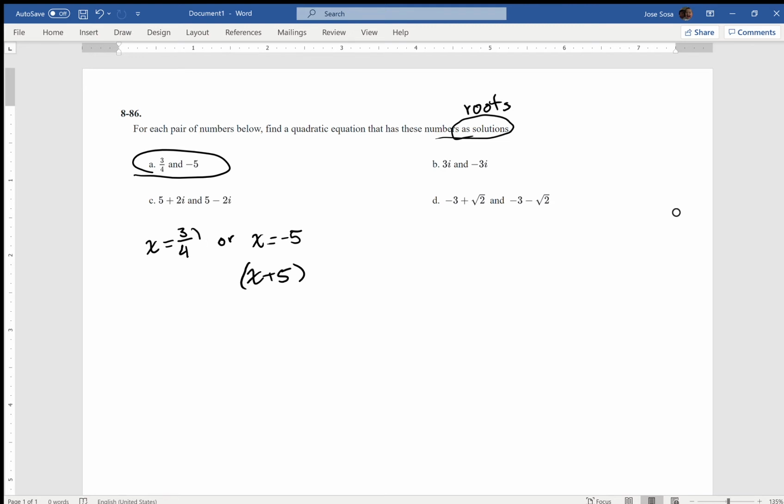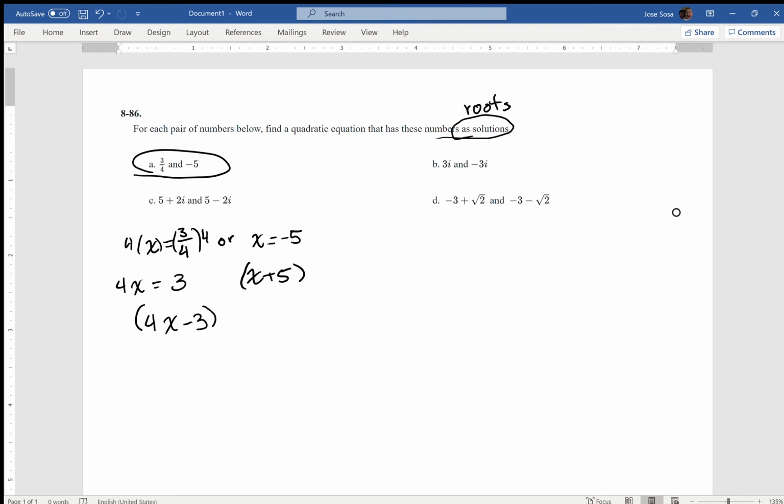Over here we're going to solve for the right hand side of this equation by multiplying by 4 first. So 4x equals 3. And then we'll move the 3 to the other side. So 4x minus 3 is another factor.